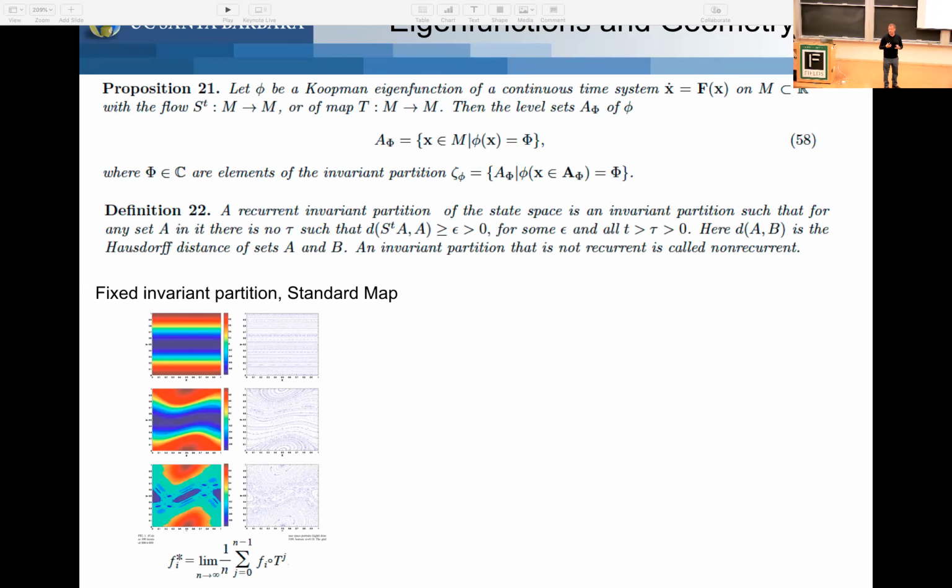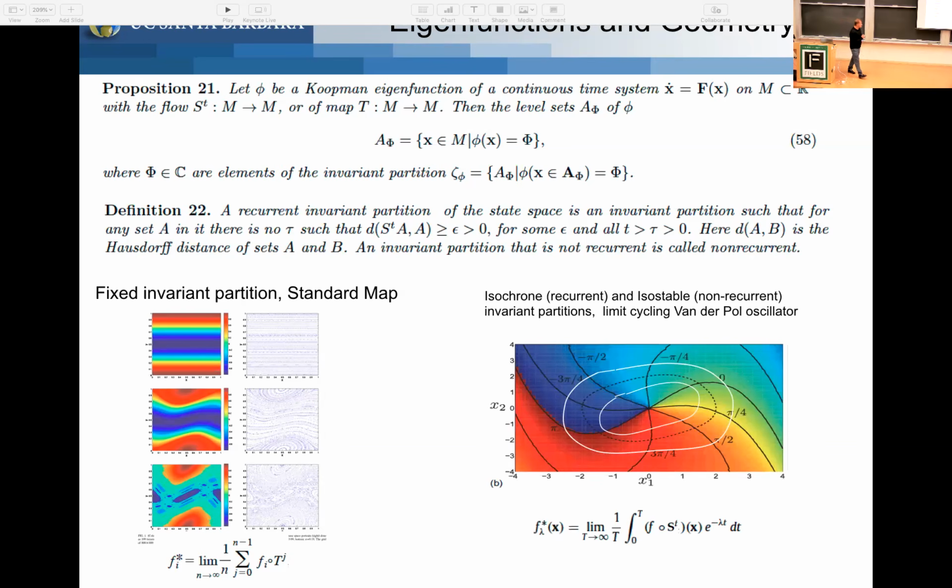So every set just gets mapped into itself. Take energy in the harmonic oscillator, every circle just stays invariant, right? These would be the eigenfunctions at eigenvalue 1 of the discrete Koopman operator. You take their level sets, you get the geometry.